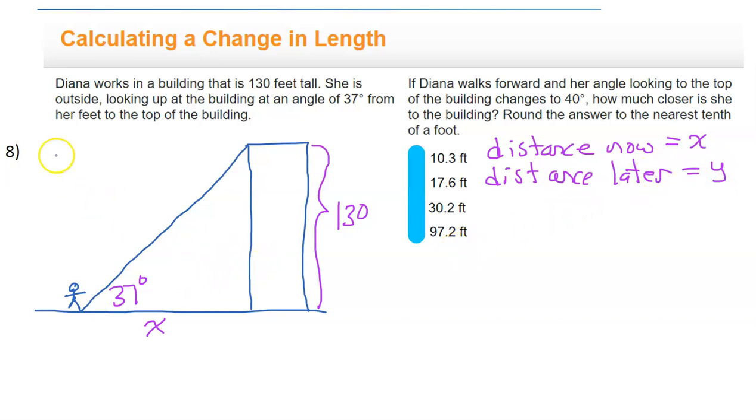So let's use sine, cosine, or tangent in order to find x. I like to use the acronym SOHCAHTOA. This reminds me of the three definitions of the trig functions. Sine is opposite over hypotenuse, cosine is adjacent over hypotenuse, and tangent is opposite over adjacent.